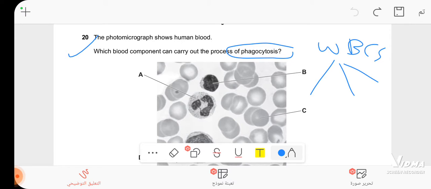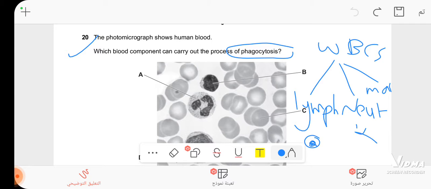Have lymphocyte, has neutrophils, and has the other which is called macrocyte or phagocyte. يبقى اسمها macrocyte or phagocyte. A lymphocyte is very small and with circular nucleus. Neutrophils is larger, and the macrocyte also larger.